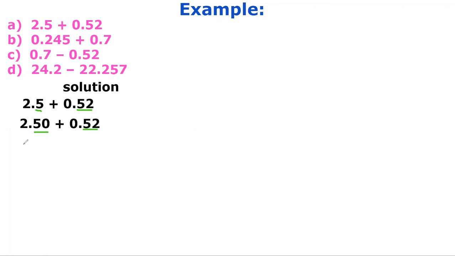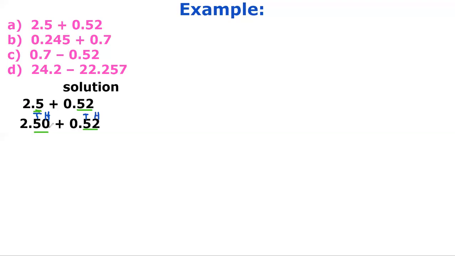Okay. So when you have the 2.50, it has two decimal numbers, and when you indicate the position here, here is tens and here is 100.